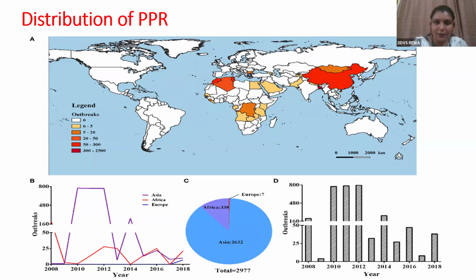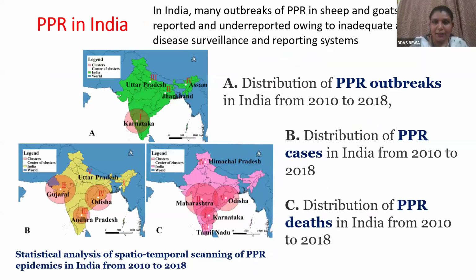I have taken this photo from a review, and you can see that in India no report of outbreak is there. The situation in India is that most of the outbreaks go underreported or unreported also. But leave it.